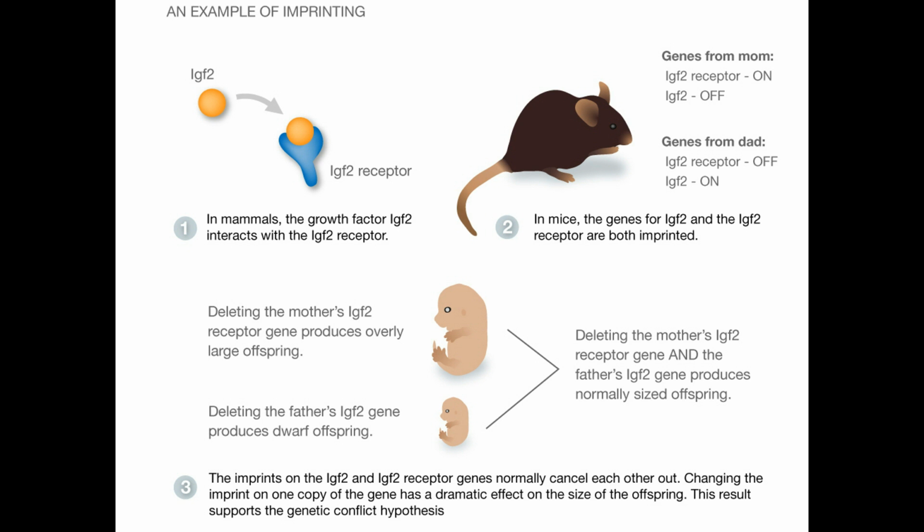So if you delete the mother's IGF2 receptor gene, it produces overly large offspring. Deleting the father's IGF2 gene produces dwarf offspring. Deleting the mother's IGF2 receptor gene and the father's IGF2 gene produces normal-sized offspring.